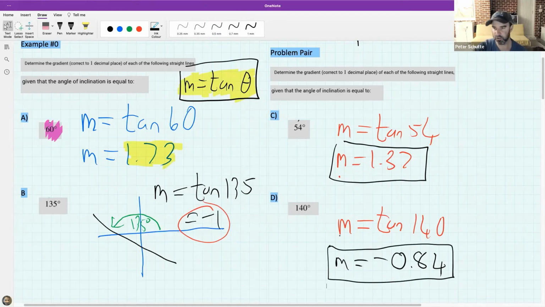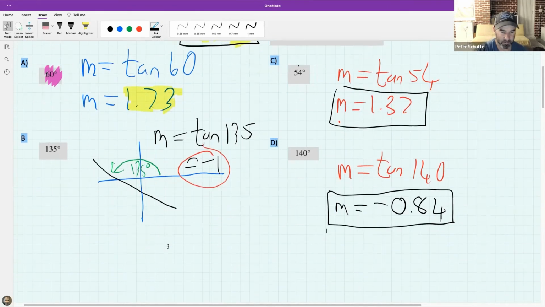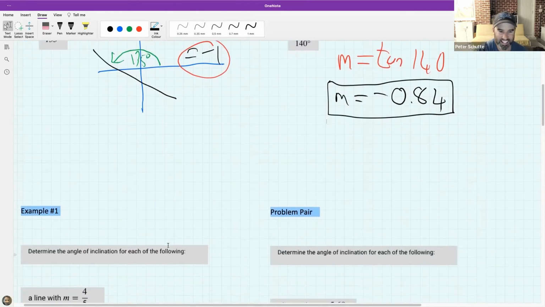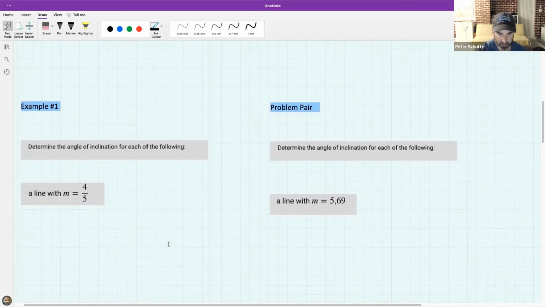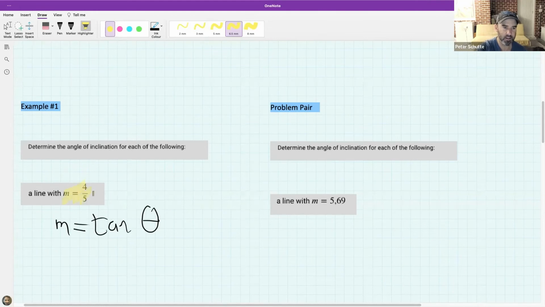That's perfect. Okay, so to almost end this lesson, if we want to relate angle of inclination to gradient, we have this handy formula. Now, what happens if the question is a little bit reversed? Well, the good news is we still use the same formula. But now, if I'm given the gradient, so here was my formula, m equals tan theta, but this time I'm given the gradient, and I have to work out the angle of inclination.